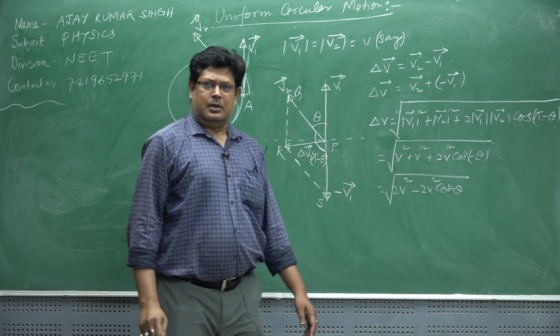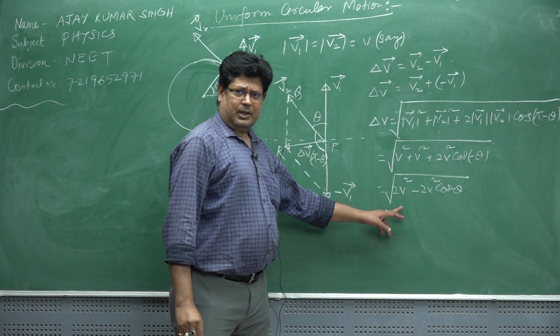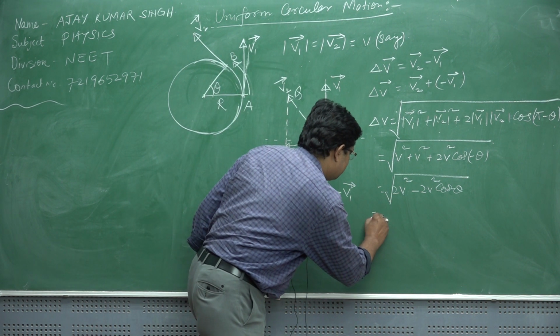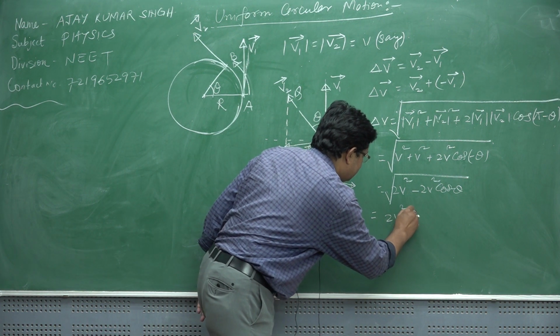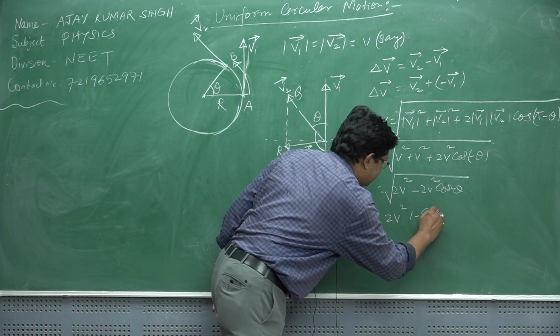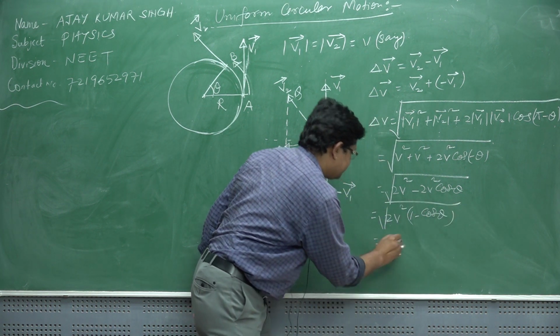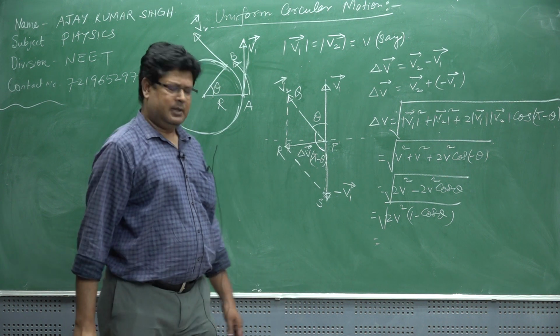Right? So twice V square can be taken common. So this is equal to under root twice V square into 1 minus cos theta. This will be equal to, right?